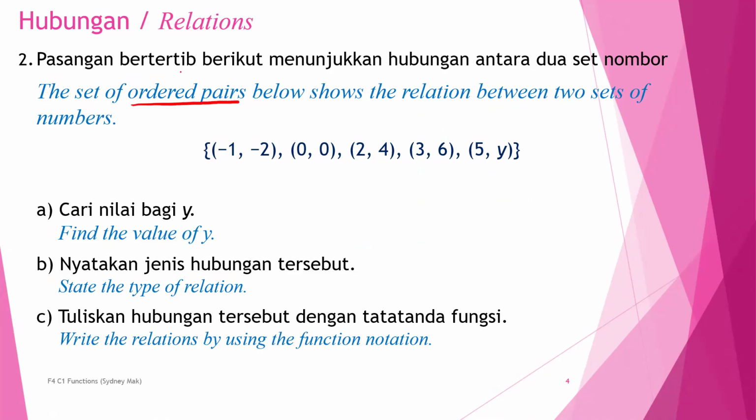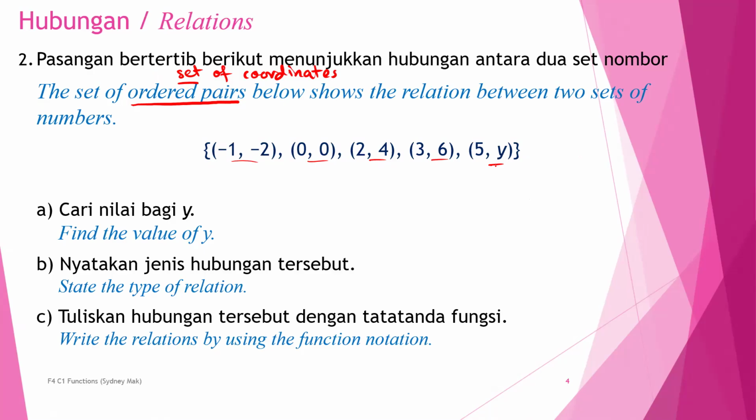Ordered pairs basically are sets of coordinates. That's why you see curly bracket. As long as it's a set, we always write with curly bracket and the coordinates inside.